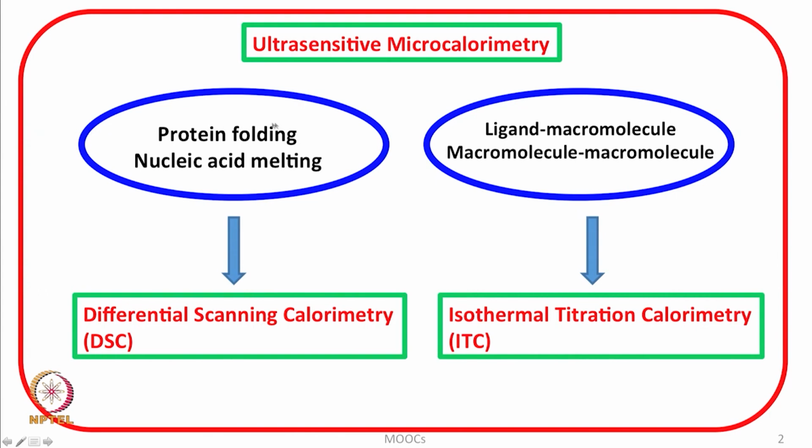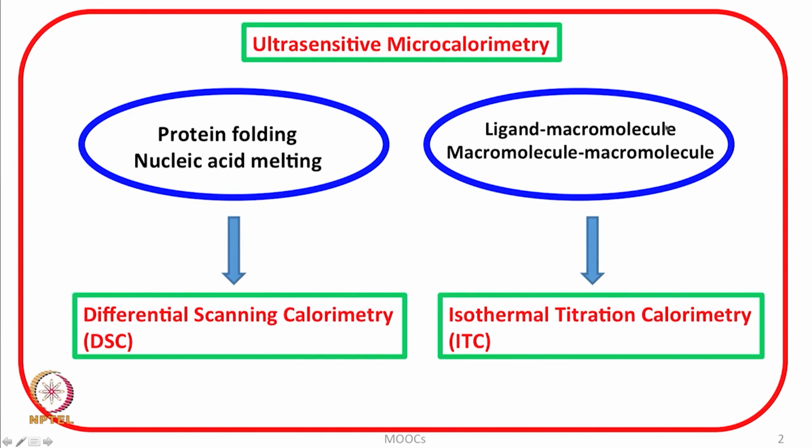We will be talking in this course mostly about protein folding issues, protein stabilization, etc. In the area of protein folding and nucleic acid melting, differential scanning calorimetry is very useful.